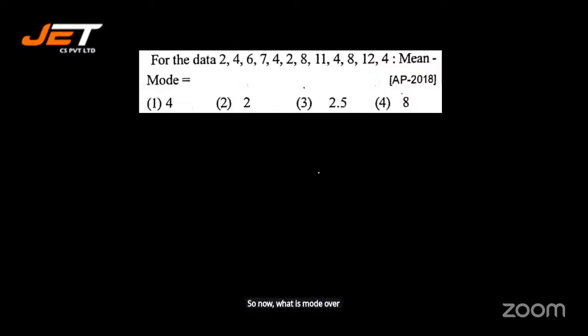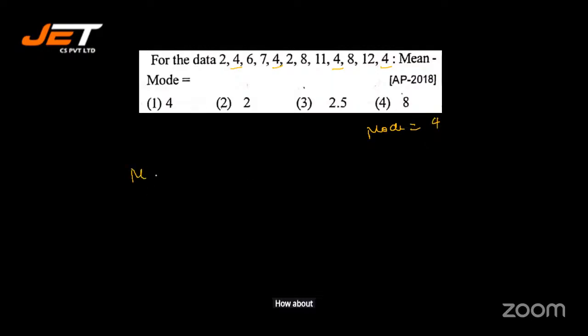The maximum number of times a number gets repeated. Isn't it? So you have 1, 2, 3, 4. So 4 is getting repeated 4 times. Therefore, your mode is 4.